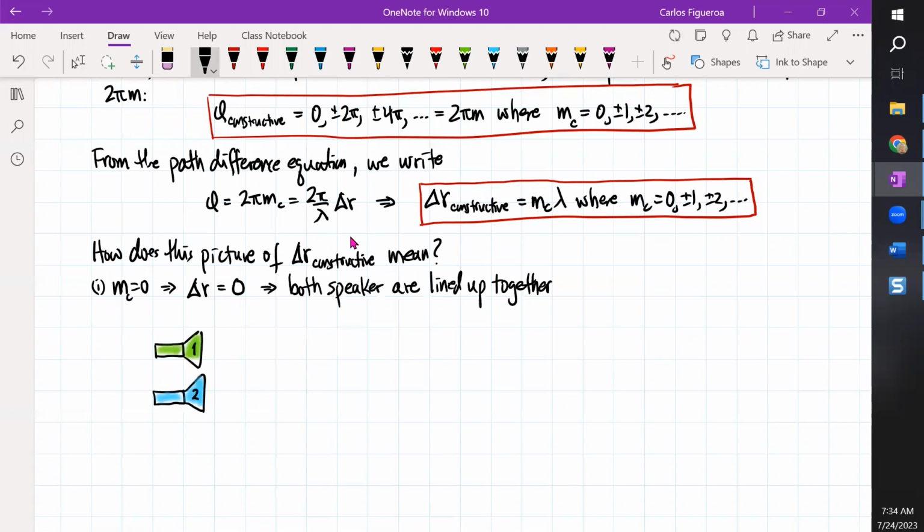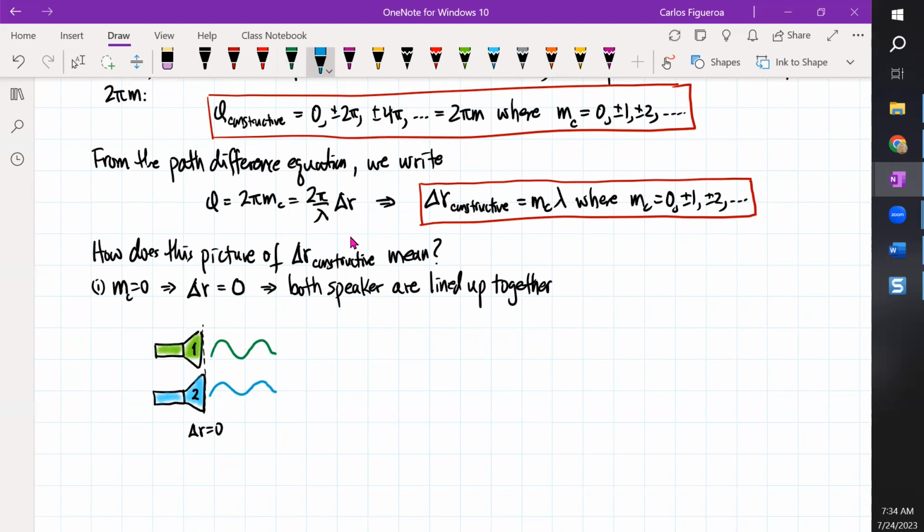If I look at the edges right here, they're lined up, so delta R is equal to 0. So this source is going to emit a wave, and this source is going to emit a wave as well.